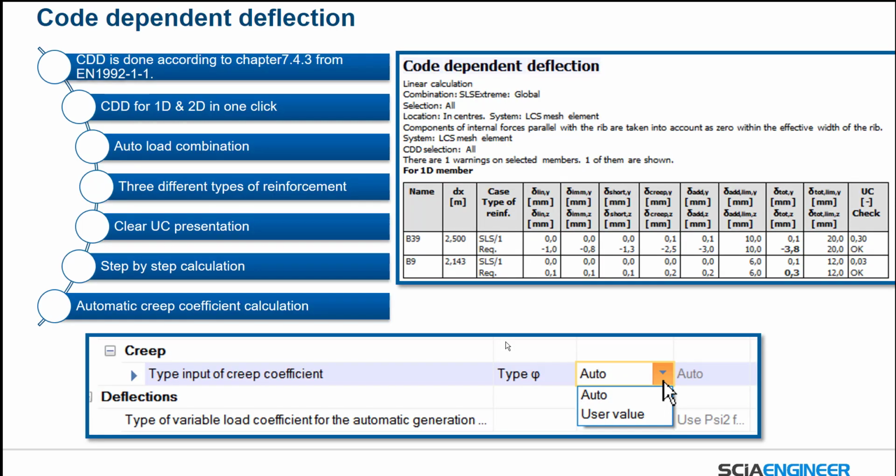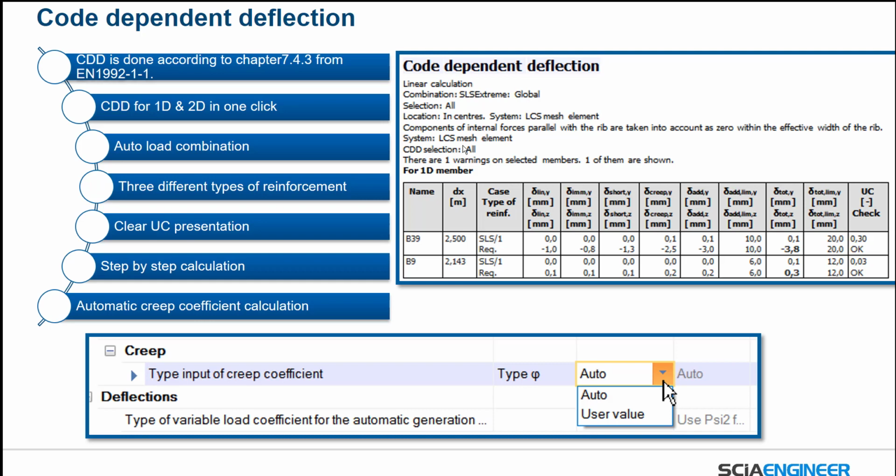Next topic is the calculation of long-term deflection. You can do CDD calculation in SIA Engineer, and this will be according to chapter 7.3, 7.4.3, and we do the calculation of long-term deflection for 1D and for 2D at the same time. Good news in this version is that you don't need to define the concrete combination.